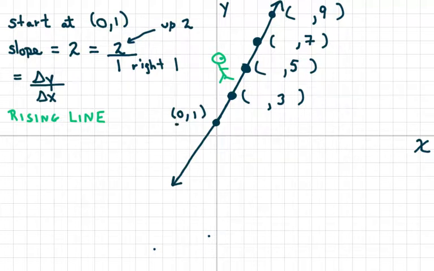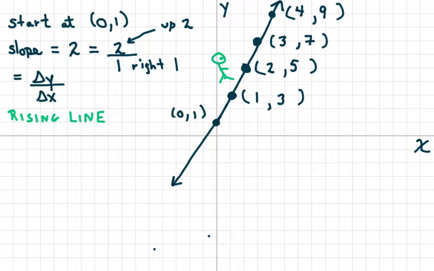So I started at an x of 0, and I went 1 to the right, now I'm at 1. Another one to the right, now I'm at 2. Another one, now I'm at 3. Another one, now I'm at 4. And so the points on my line are the 0, 1 I started with, 1, 3, 2, 5, 3, 7, 4, 9. Y's are all changing by 2: 1, 3, 5, 7, 9. X's are all changing by 1: 0, 1, 2, 3, 4.